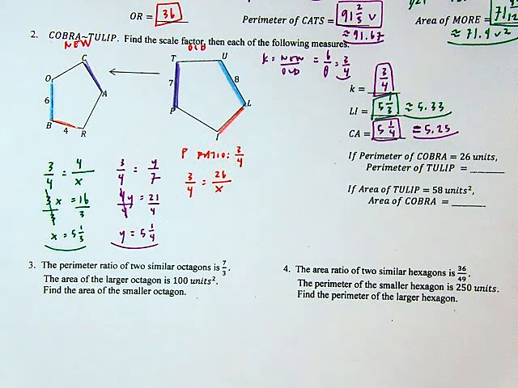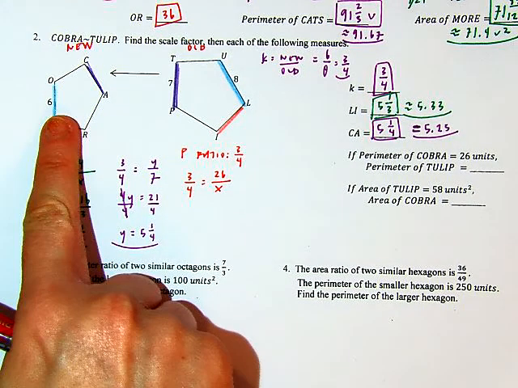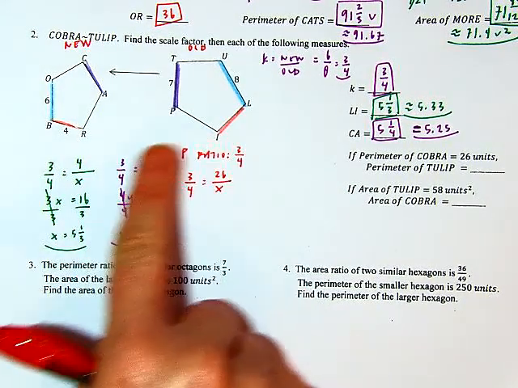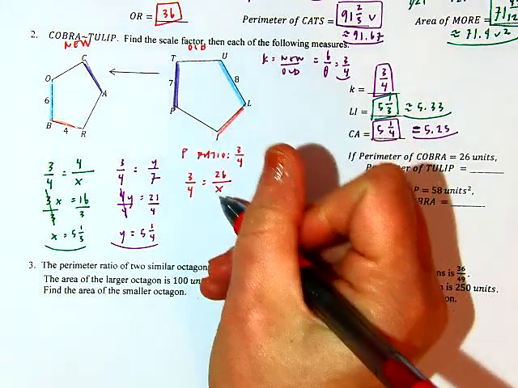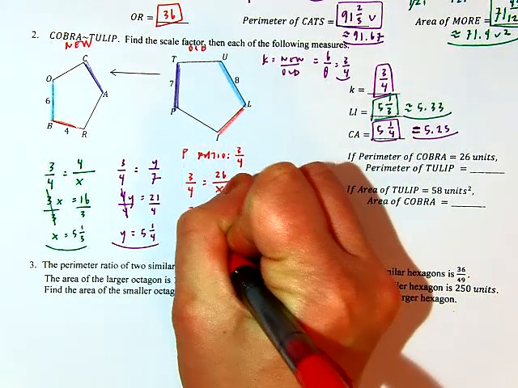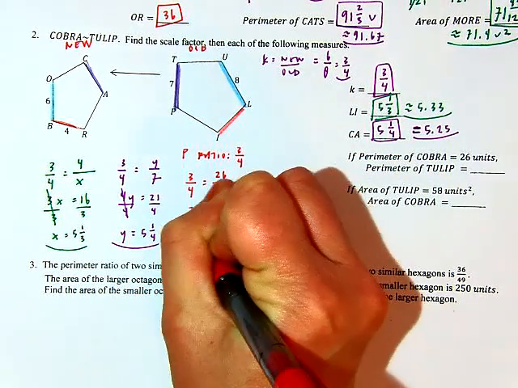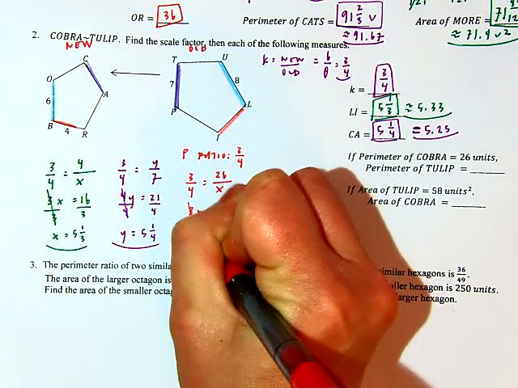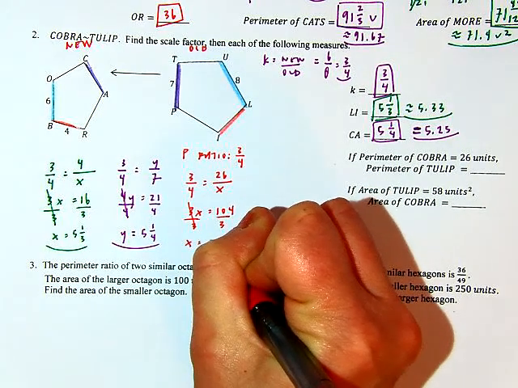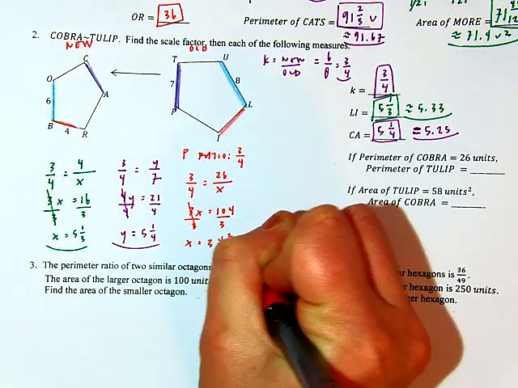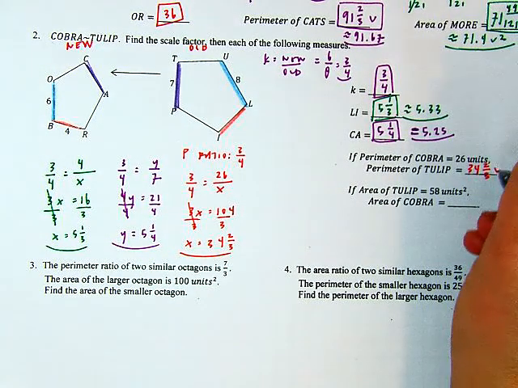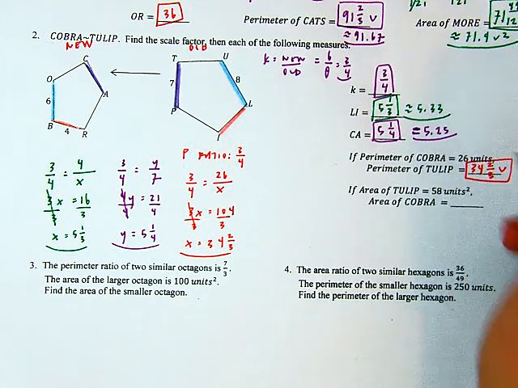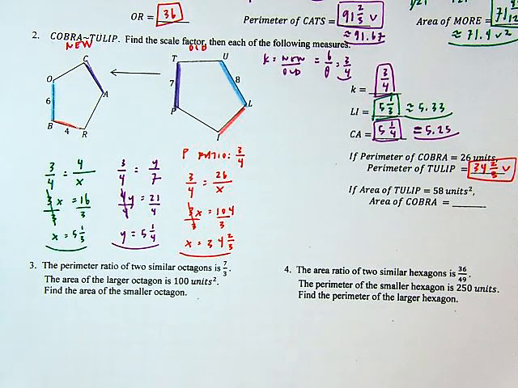So again, I just need to be consistent with how I stack it. So I went small, large, figure left, figure right. I'm just consistent with that. Cross multiply, and I get 3x equals 104. Divide by 3, and I would get 34 2/3. So 34 2/3 and units. Okay, decimal approximation is fine.